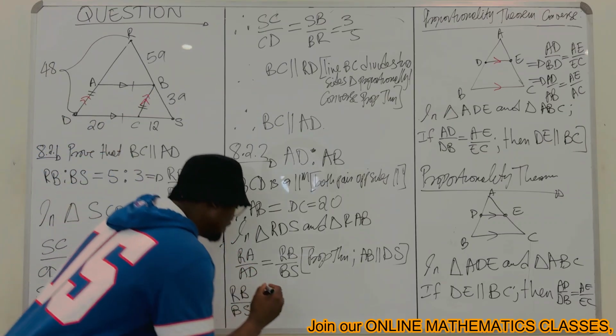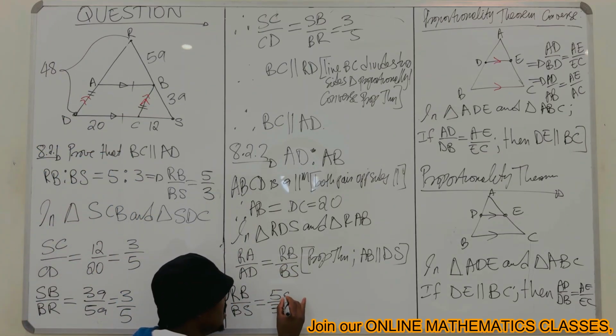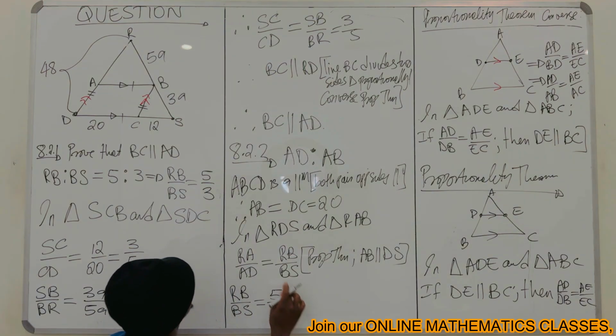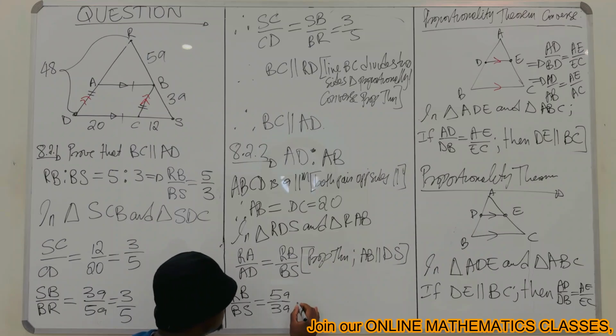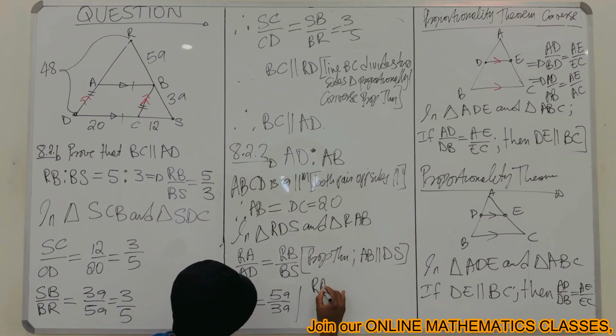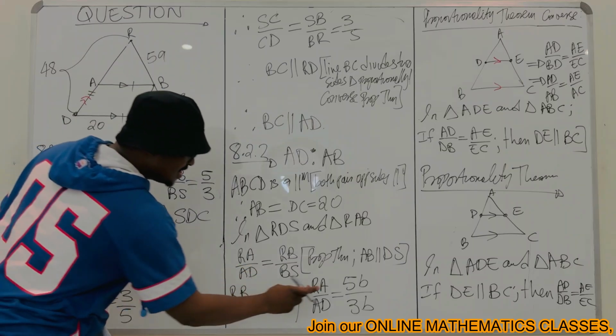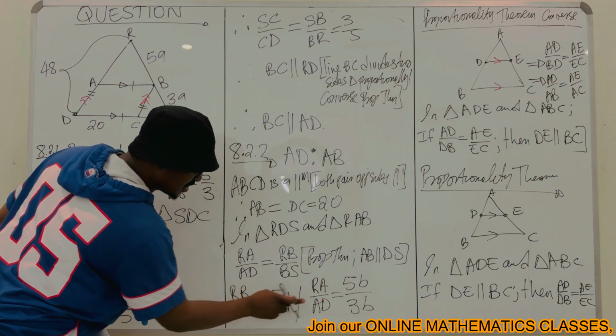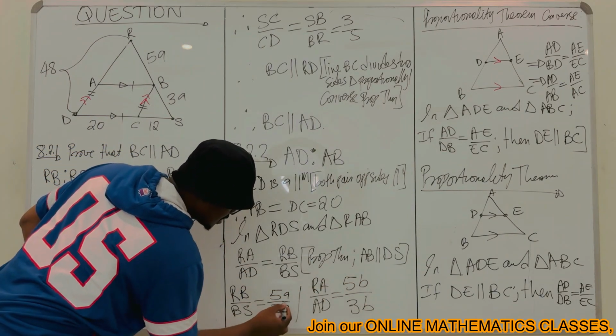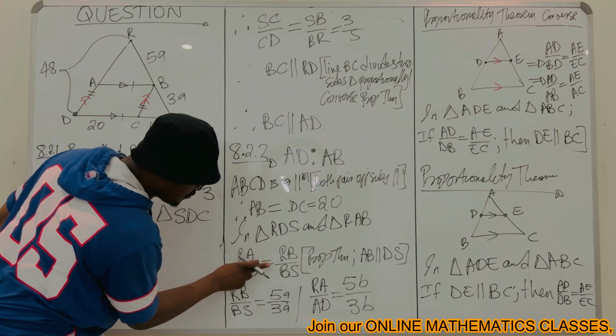Which means we allow this to be 5A over 3A, because we said, let's say the real lengths are 5A and 3A. So for your RA over AD, we can say this is 5B over 3B. The ratios are both equal to 5 over 3, because you see this will cancel out.